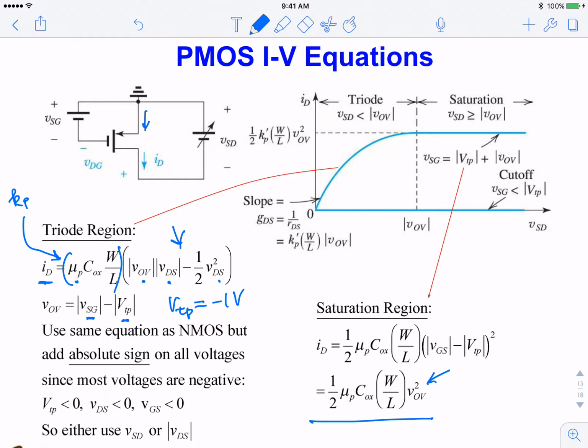Draw a circuit diagram to help remind yourself, and then everything else is straightforward. Okay, any questions? Yeah? So can we just consider that after taking the absolute value, PMOS is exactly the same as NMOS? The mathematical model is the same.